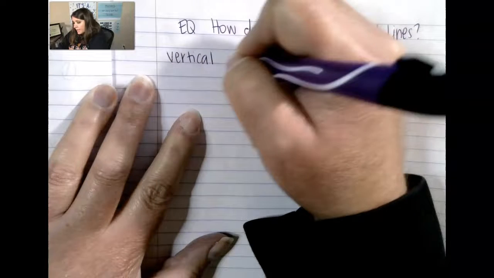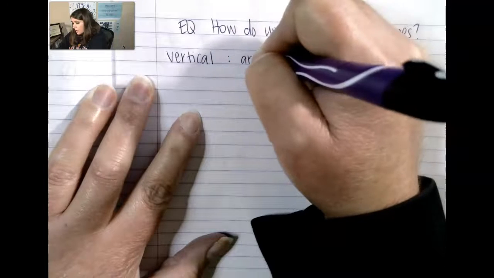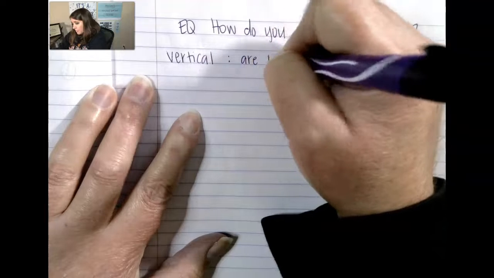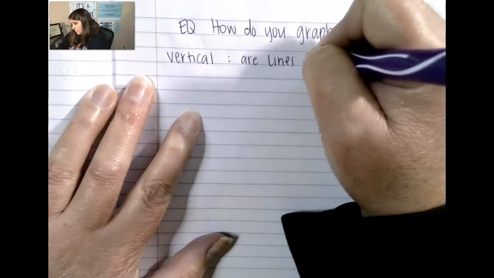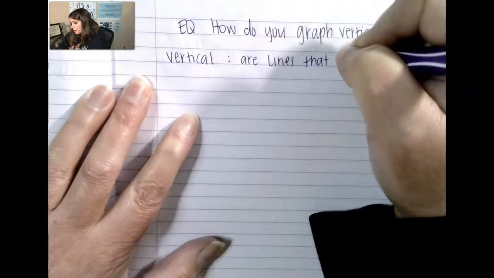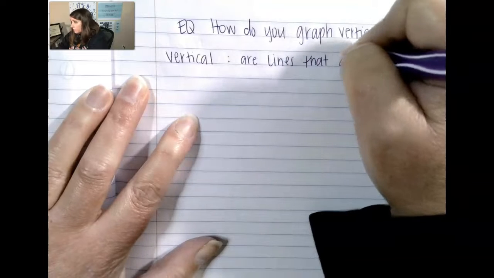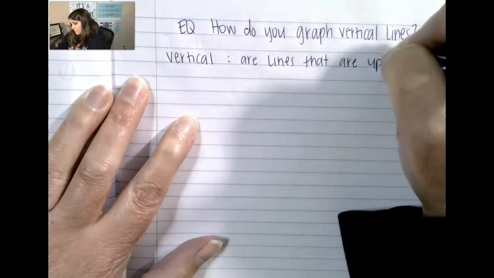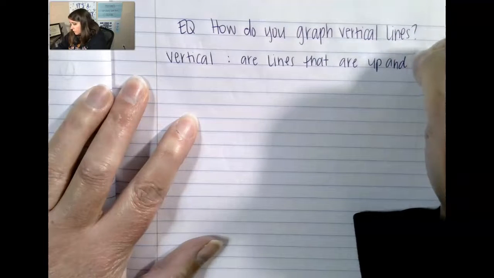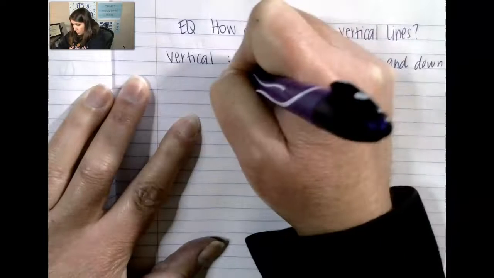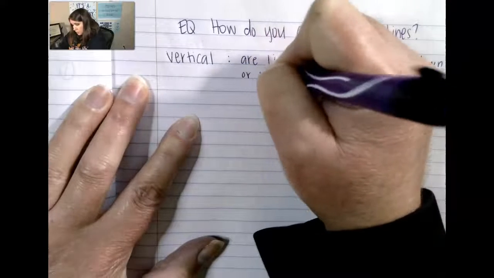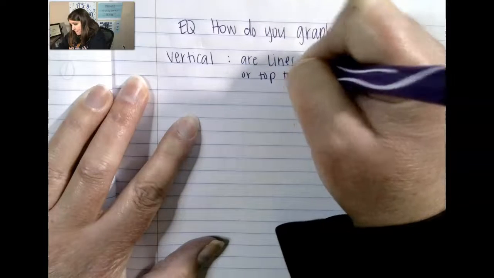And vertical lines, these are lines that are up and down, or you could say top to bottom.